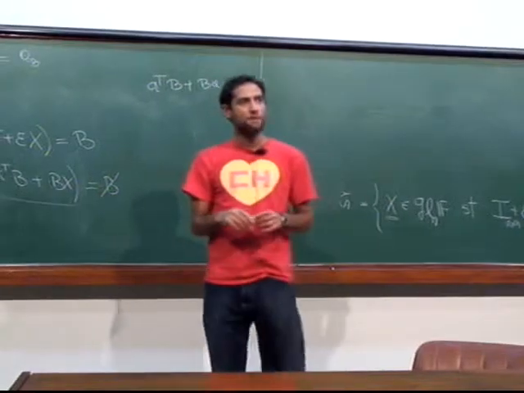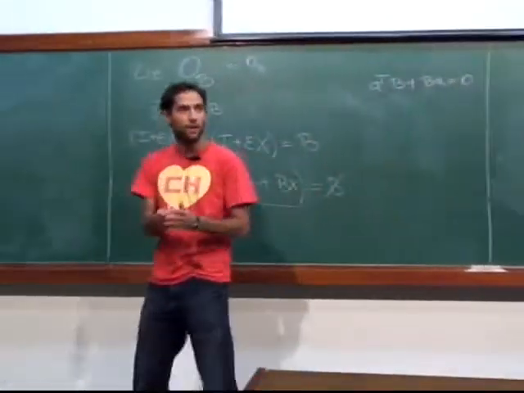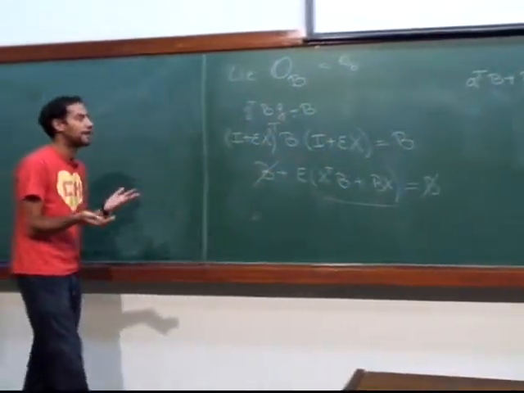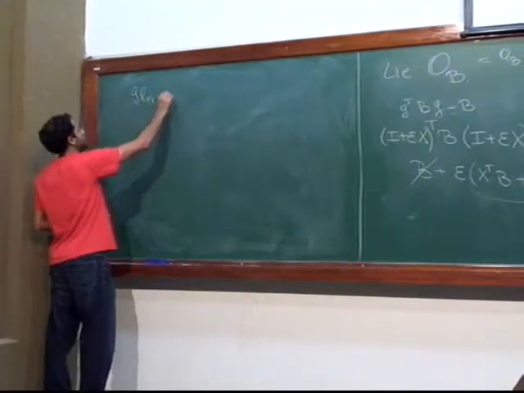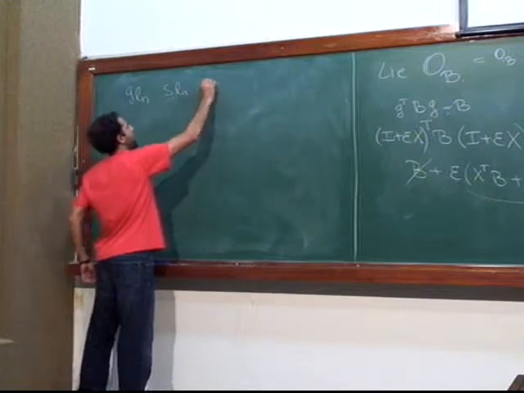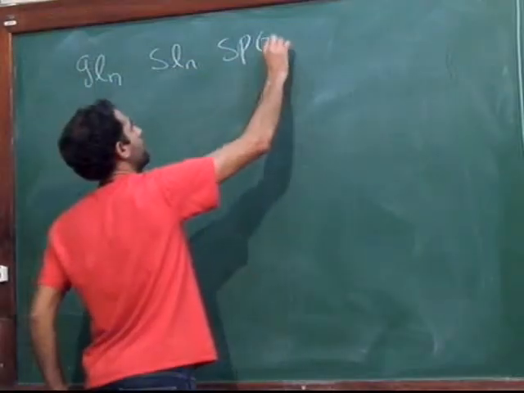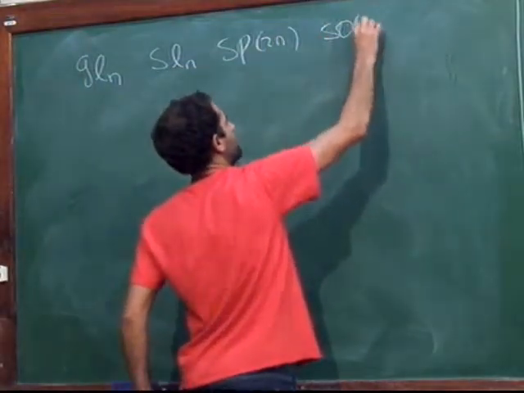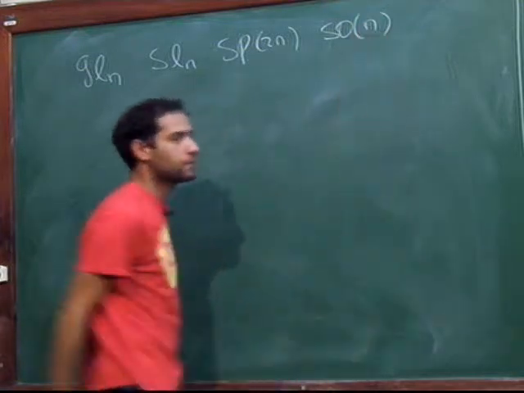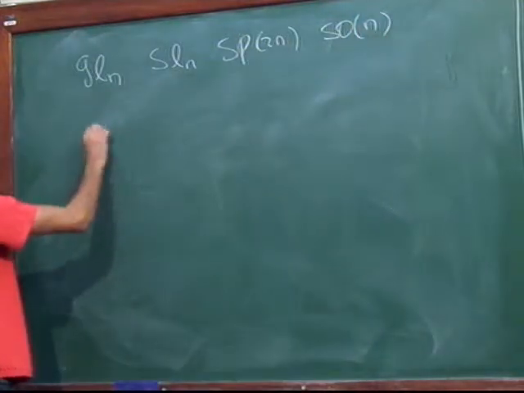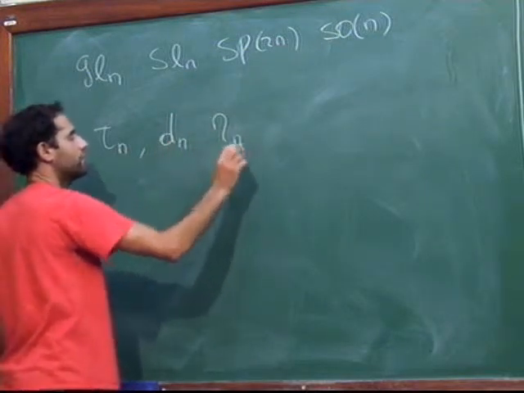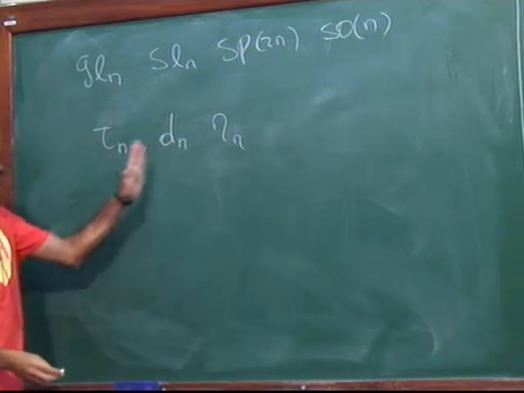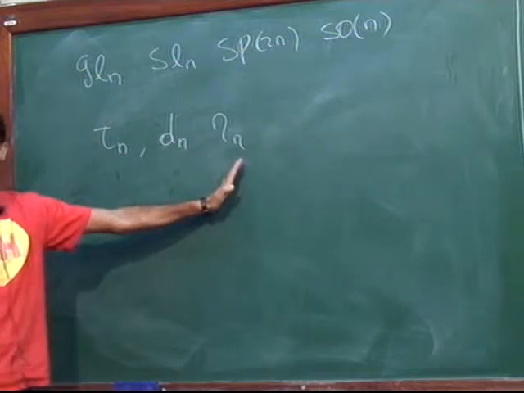Somehow what we're aiming for is we had two sets of examples of Lie algebras. Some of them looked like GLN, SLN, SP2N, SON. And some others looked like TN, DN, and N. And remember, these were triangular matrices, diagonal matrices, and upper triangular matrices.